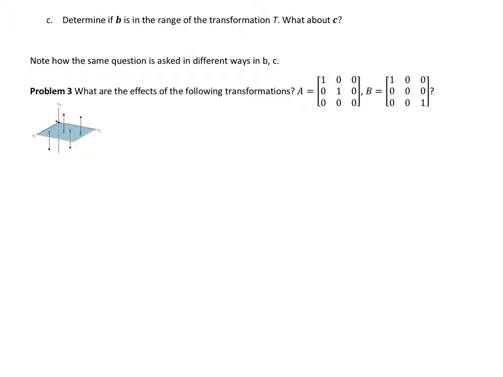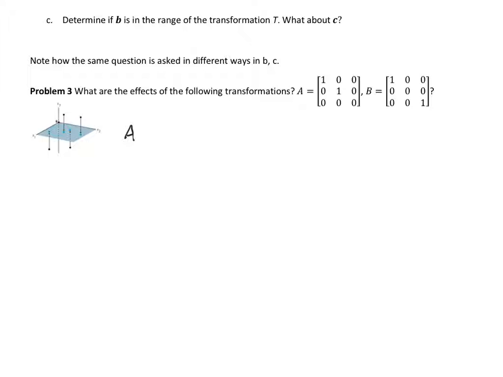So now take a look at the first vector in this case, which is A: 1, 0, 0 is the first vector, 0, 1, 0 the second one, and the zero vector on the third column. So how do you know what this matrix, what this transformation really does? This is the way to look at it.